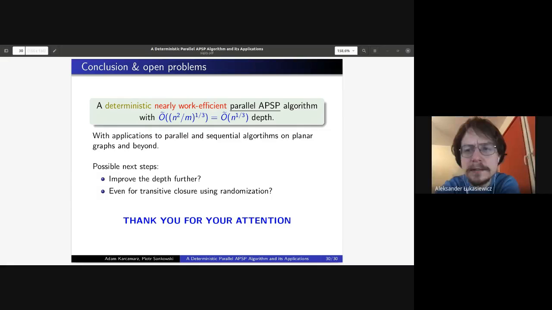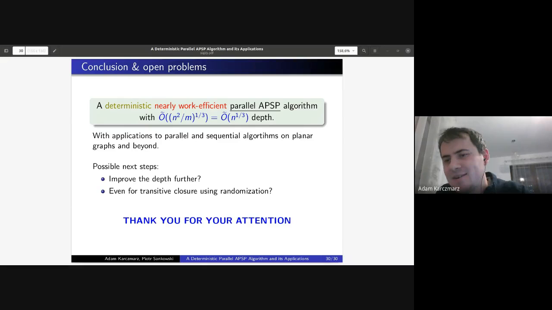By the way, I was rather shocked when I saw this word Monge, because I only encountered it in a very different context, of the longest increasing subsequences. So is it a standard tool in planar graphs? I think so. I think most of the results about processing Monge matrices are motivated by planar graph applications.